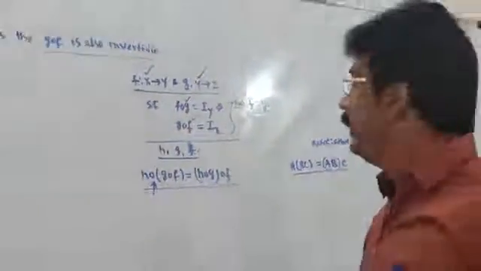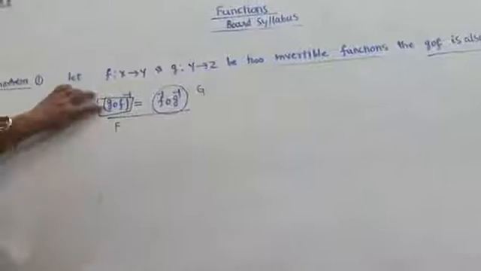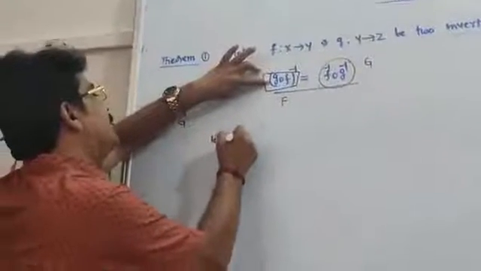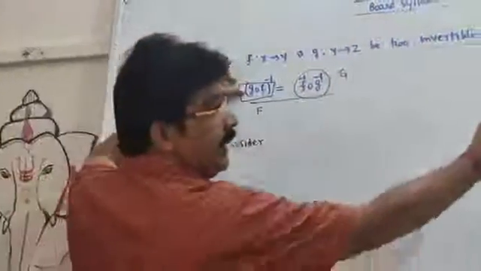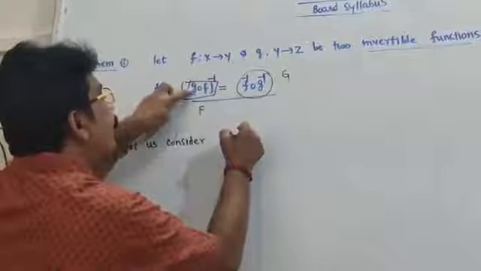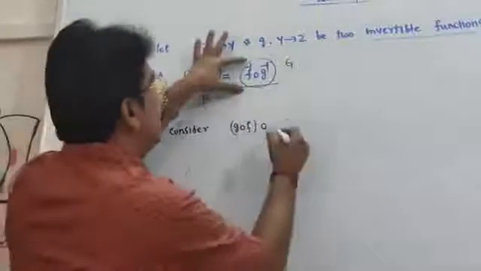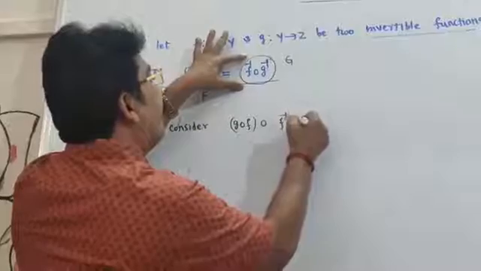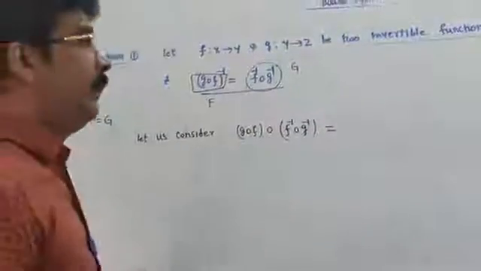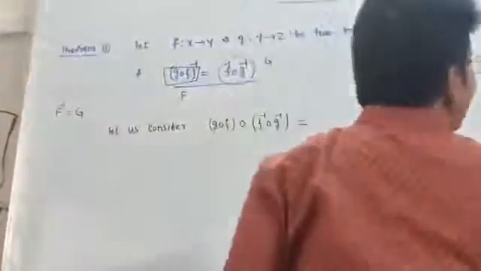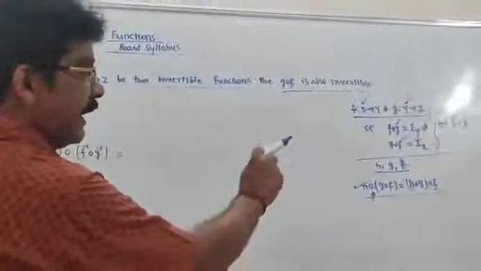Understand? Right. So first condition, let us consider F circle G. Actually, we have this simple formula: h circle (g circle f) equals (h circle g) circle f.